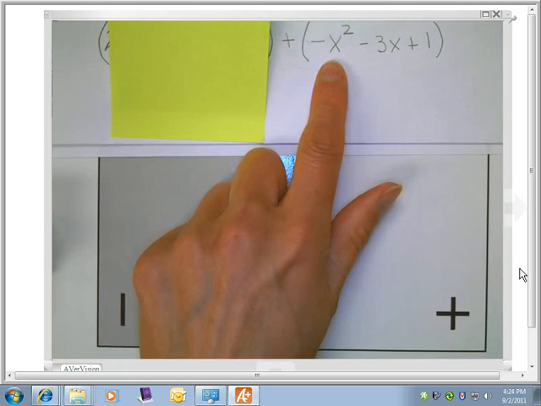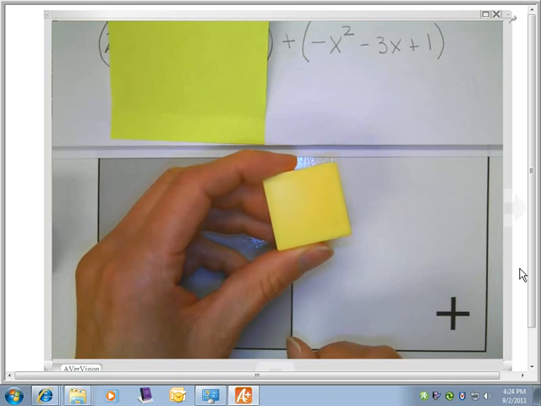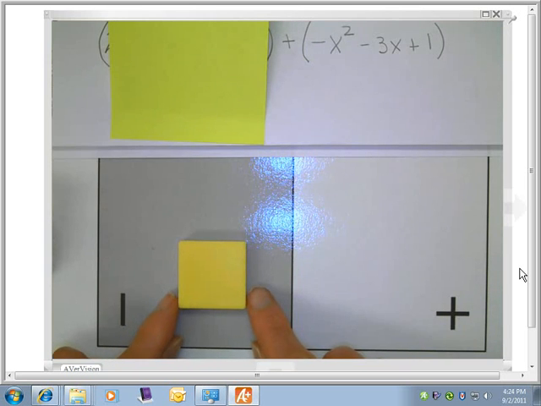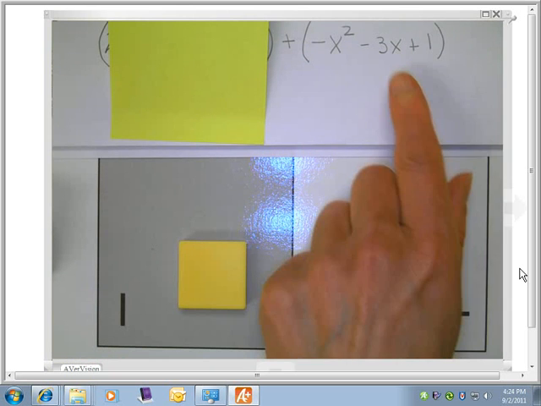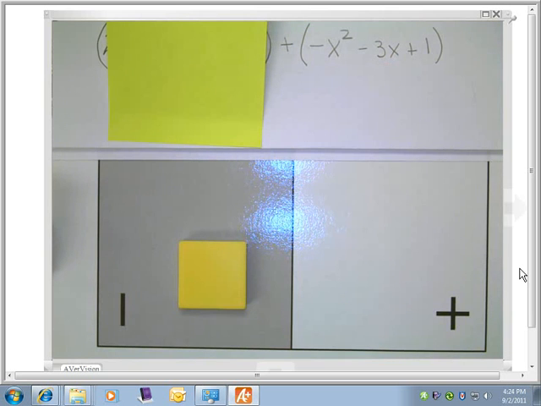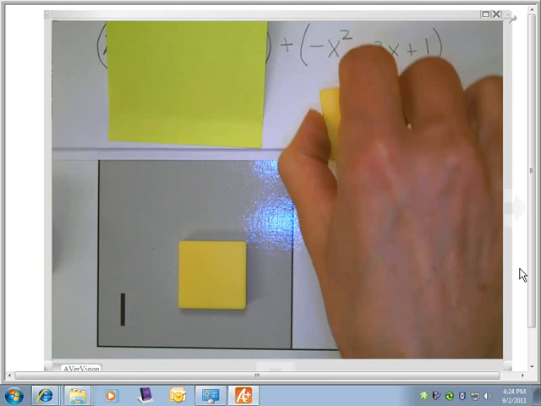This is negative x squared. I only have 1x squared, and it's negative. This is 1x squared, and it's negative. So I put it there. Then I have negative 3x. Well, remember, this was an x, right? So how many of them do I have?